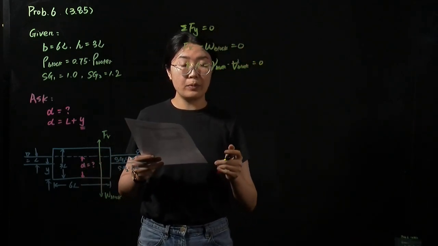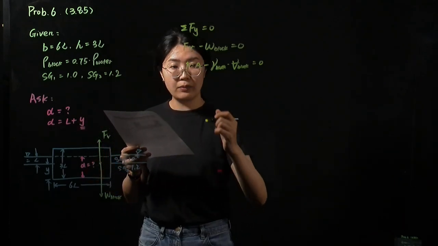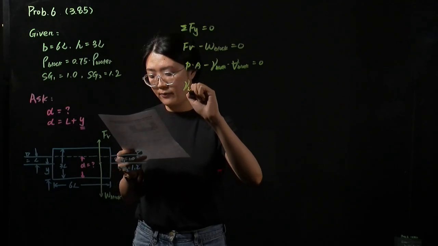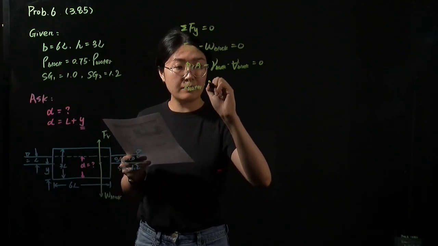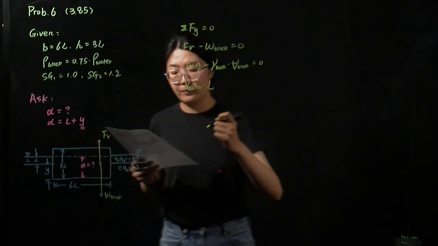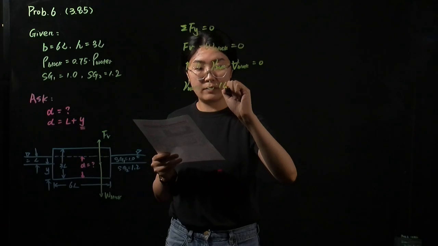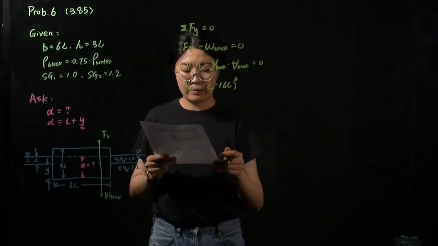So the buoyant force comes from 2 different liquids. For the first liquid, the buoyant force equals the specific weight of water times the length times the area of this block.